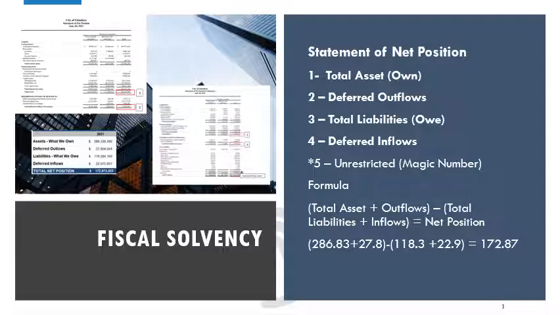The City of Glendora shows a positive net position of $172.87 million, which shows that the city owns more than what it owes. But the key number on this statement is the unrestricted number, or the magic number, as we've learned in week 4 when viewing the What is ACFR video.